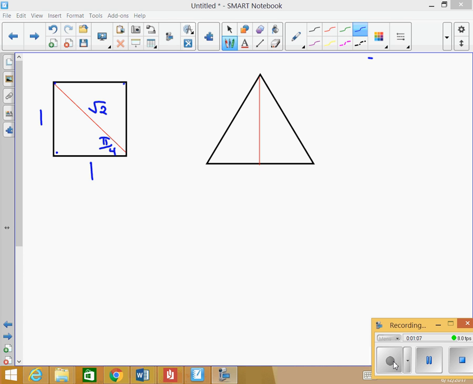If I take sine of pi over 4, it's going to be equal to the opposite over the hypotenuse, so 1 over root 2. If I rationalize it, it's root 2 over 2.